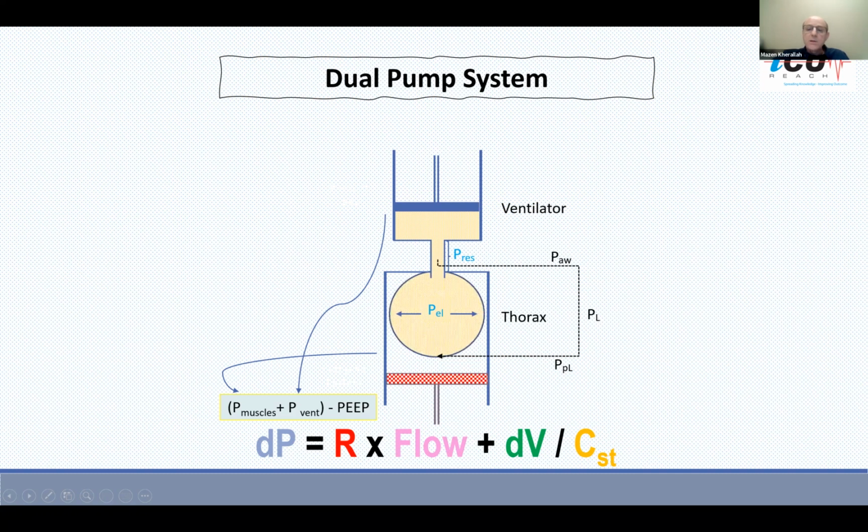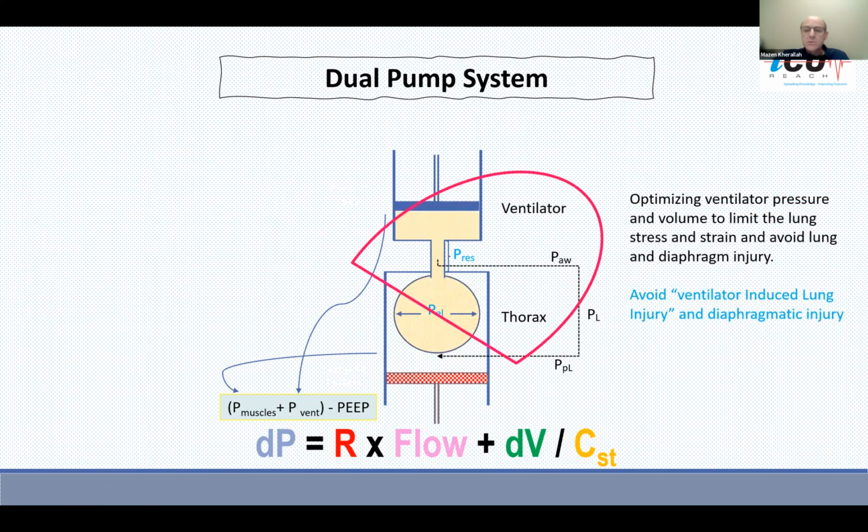So the aim on the ventilator is to optimize the ventilator pressure and volume, and this is protective lung strategy, in order to limit the lung stress and lung strain. Also, we need to avoid diaphragmatic injury, and we'll see that in the next slide.